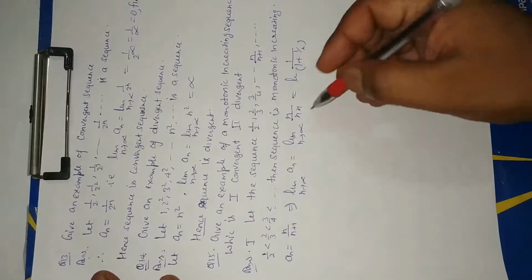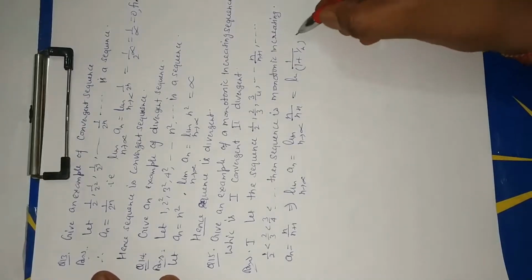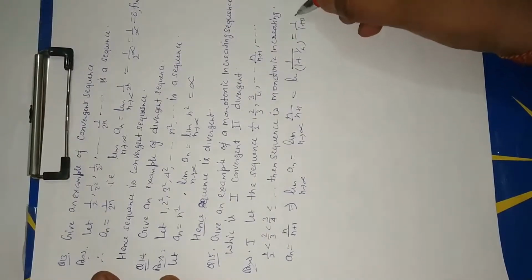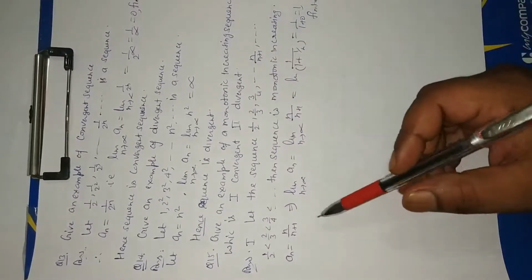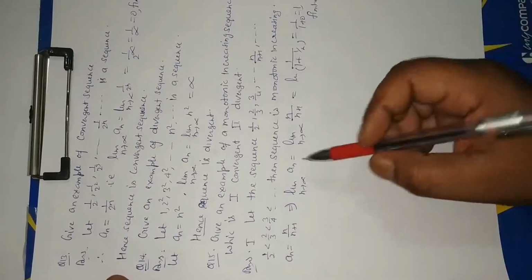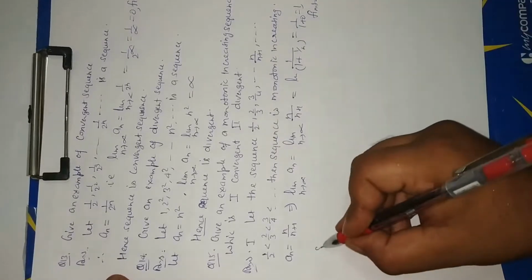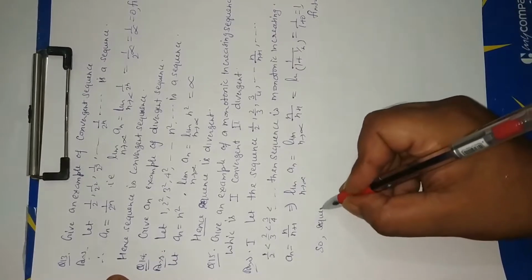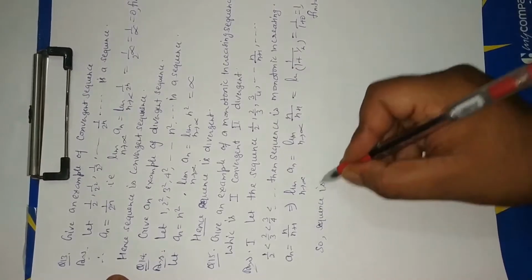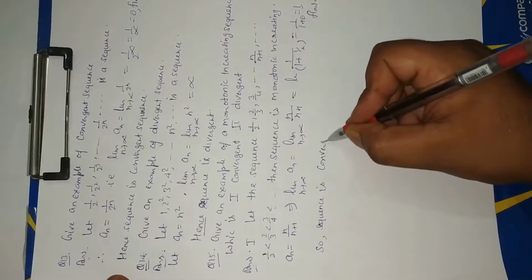Now n cancels after taking common. This is equal to 1 upon 1 plus 0 is equal to 1. It is finite. That is, the limit of the sequence is finite. So sequence is convergent.